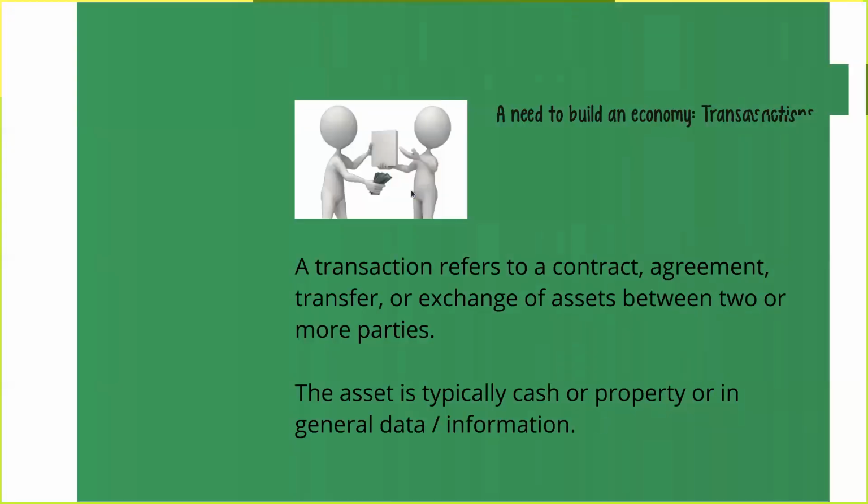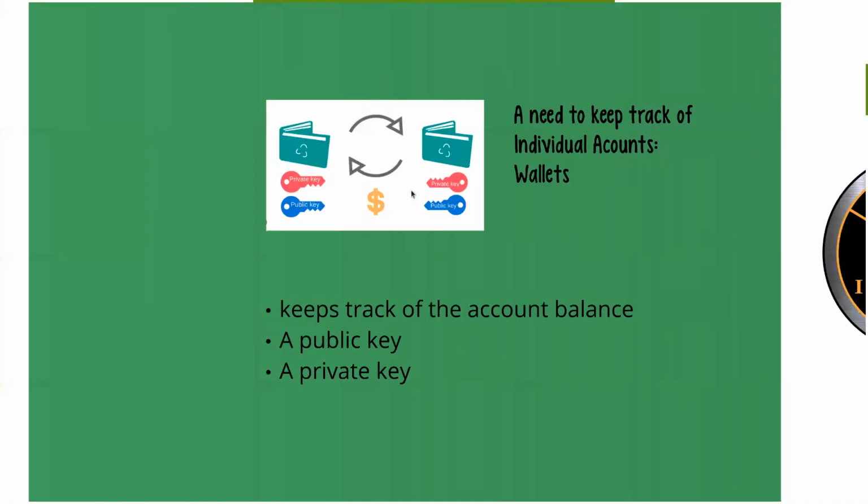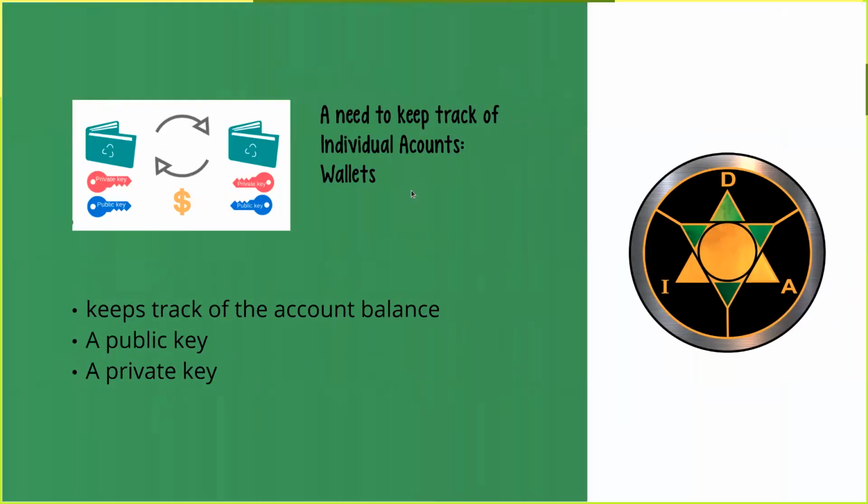So I think we already described that. I just want to spend a little more time here on the concept of a wallet. Usually a wallet in these systems is characterized by a public key and a private key. The wallet helps you track your account balance, and your public key is the public tool through which people can find you, reach out to you, or make transactions with you.